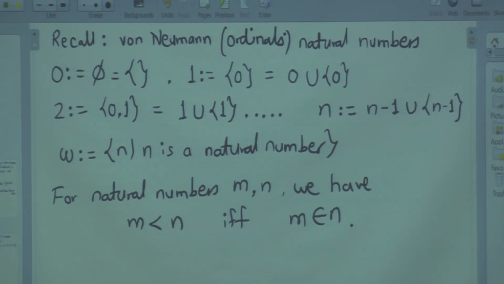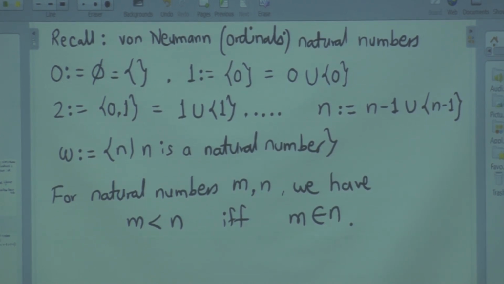So belonging relationship has now become our strict ordering on natural numbers as well. So 0 is less than 2, so 0 belongs to 2, 1 is less than 2, so 1 belongs to 2, correct?